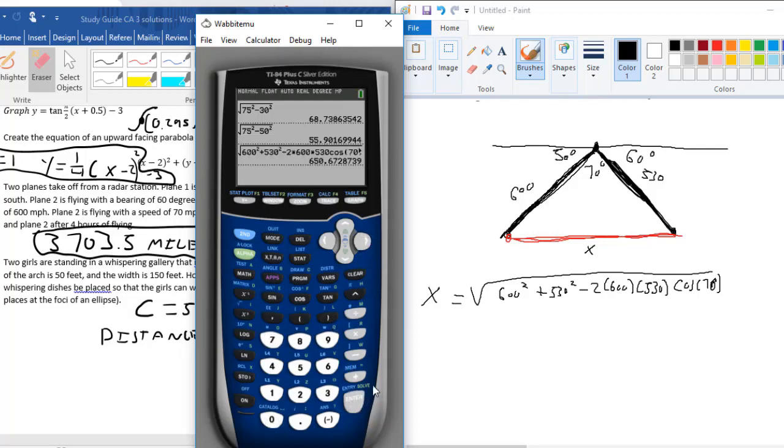And that is 650. 650 times 4 is 2602. Okay, so x is 2602.